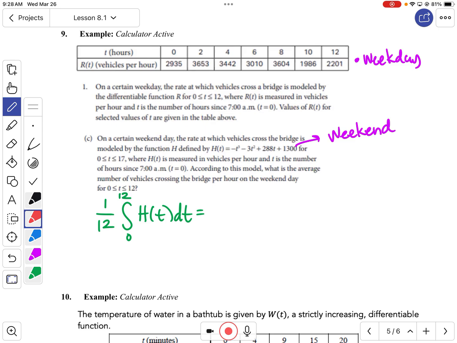It is calculator active. All right, we're going to put h of t in, so be careful you don't miss any negatives there. Negative t cubed minus 3t squared plus 288t plus 1300.